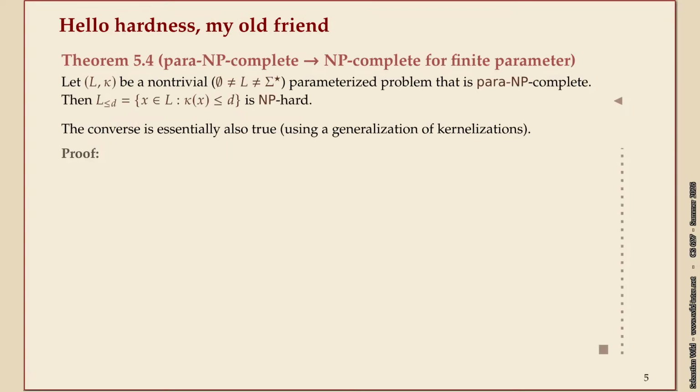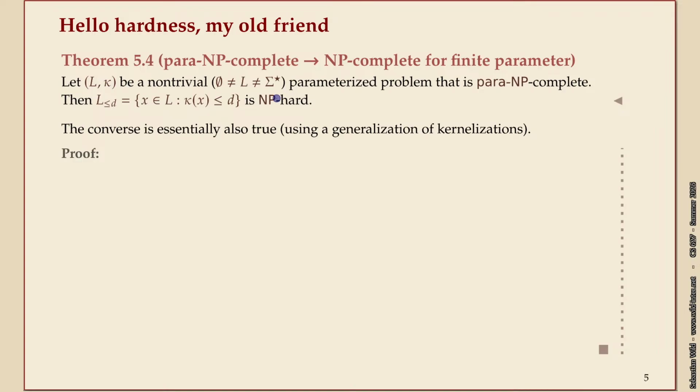Now, the problem is that it actually plays too nicely with P and NP. And let's prove this theorem, and then I'll give you the interpretation afterwards, because the proof nicely shows the absurdity of para NP completeness. So formally, the statement is as follows: we have some non-trivial parameterized problem. Non-trivial just means it's not everything a yes or everything a no instance.